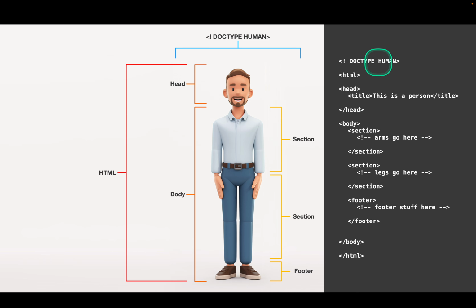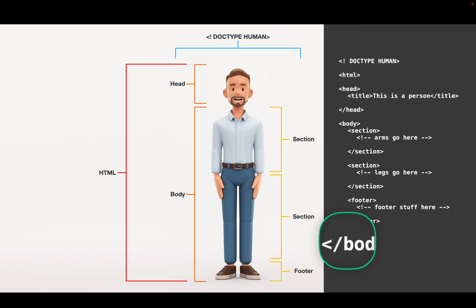By the way, there's no such thing as a human doctype, of course, but all of these other tags are real. There is a real tag called section. So it has an opening tag there and a closing tag there, and all together, as I said before, this makes up a section element. And this is inside the body element that we have here.